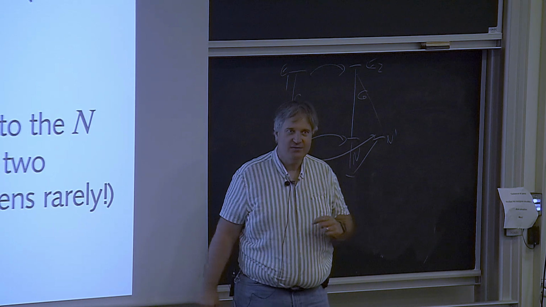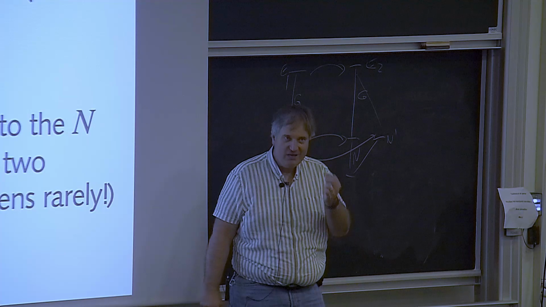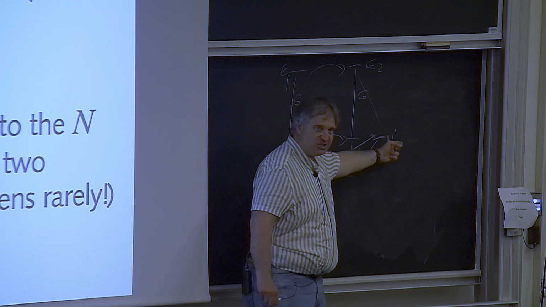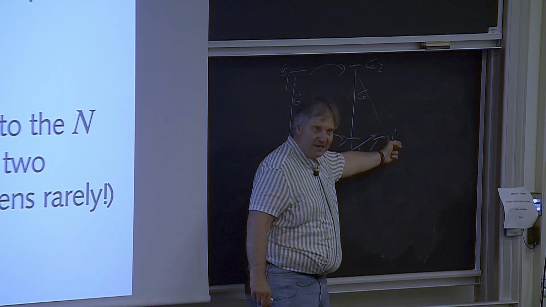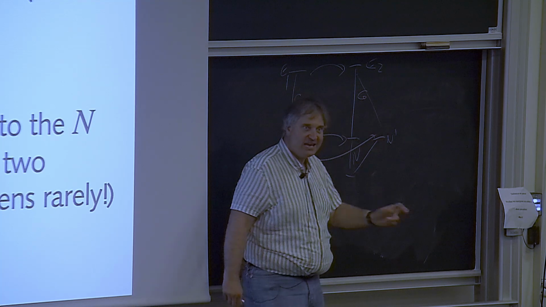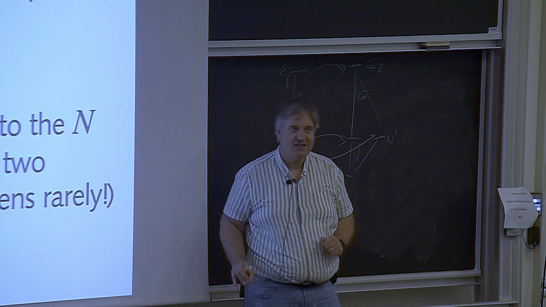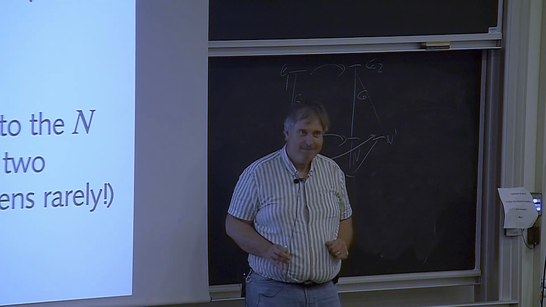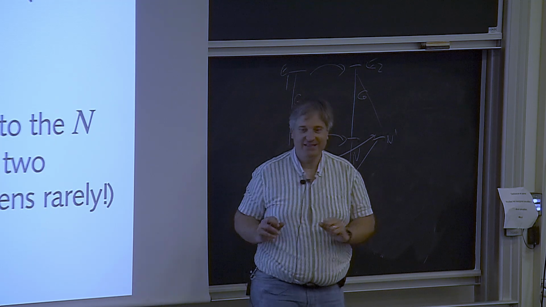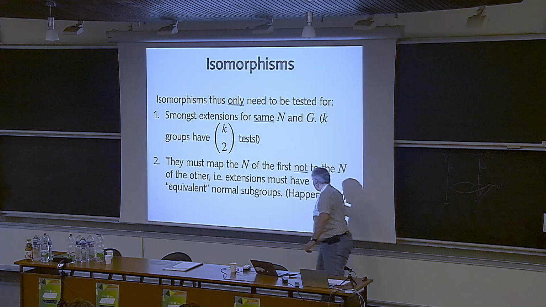Yes, and these I need to take care of, but that cannot always happen. That can only happen if there is such an N prime. So I can look at E and see, can this actually happen? And if not, I know I don't need to consider that case, which is the complicated one. That's exactly the situation. And that's why it says here, happens rarely.